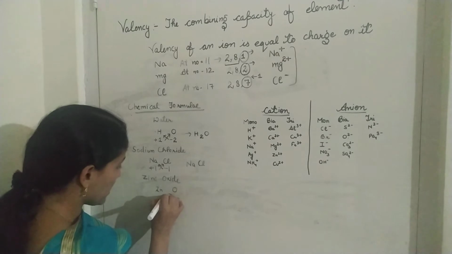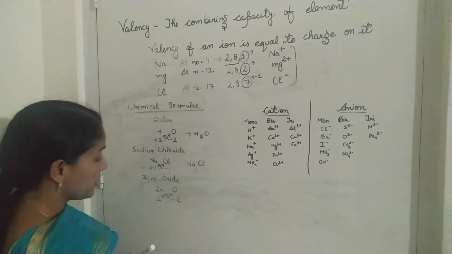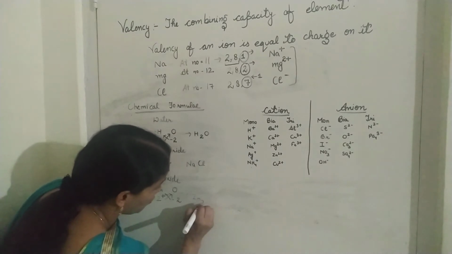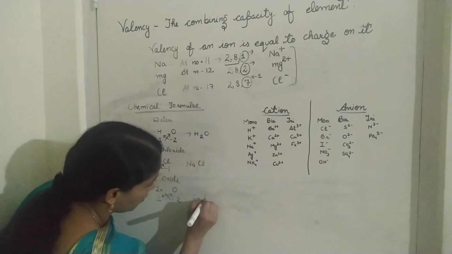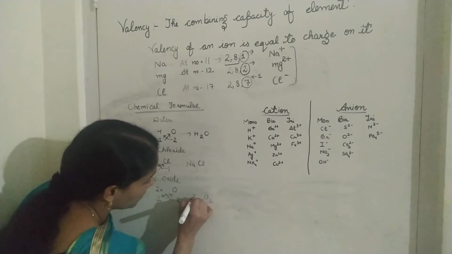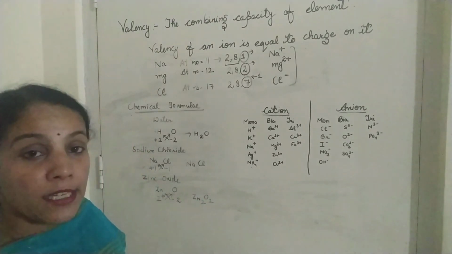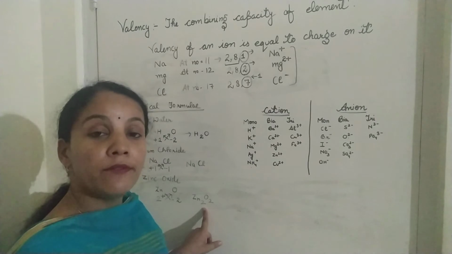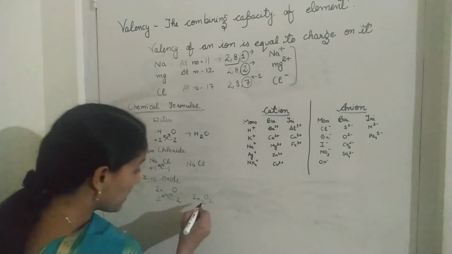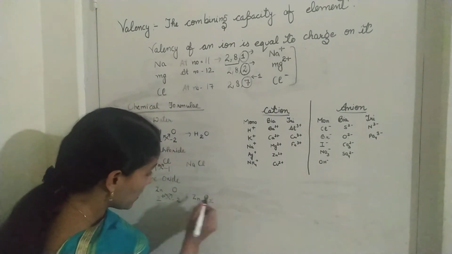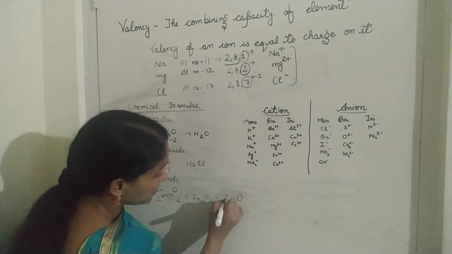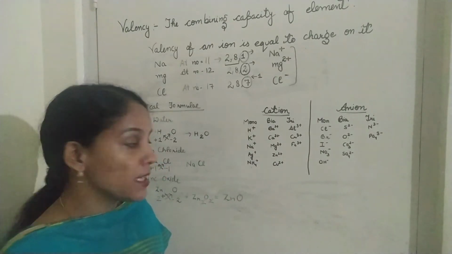Now do crisscross here. On crisscrossing we get Zn2O2. Now just remember that when the same numbers come in the same table, you have to cancel them. On cancelling, 2 ones are 2, you get ZnO. This is the chemical formula for zinc oxide.